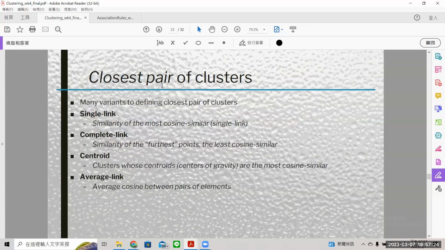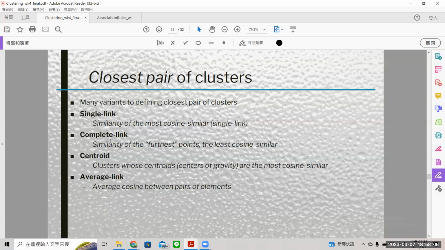For the closest pair of clusters, you can choose many variants to define it. For example, you can use single link, which means the similarity of the most similar points.